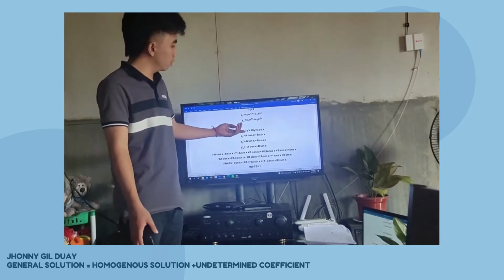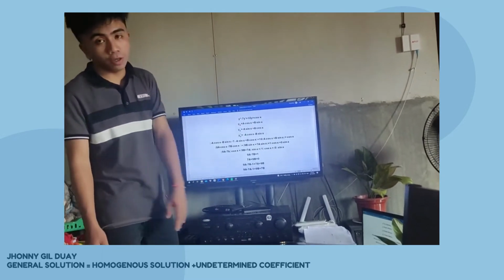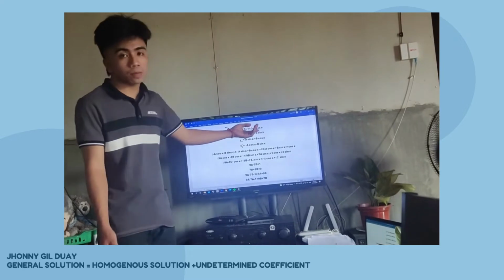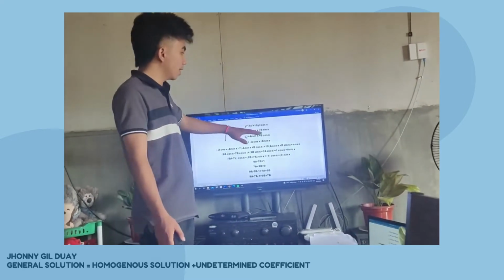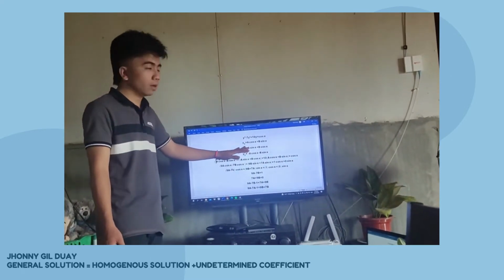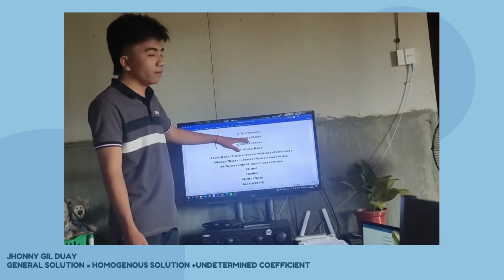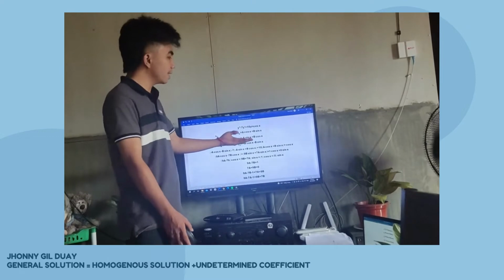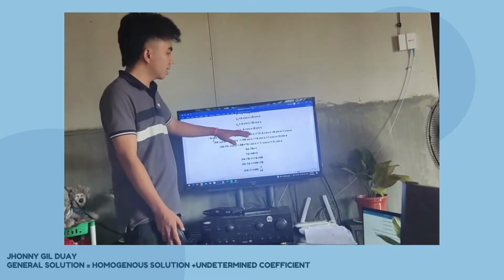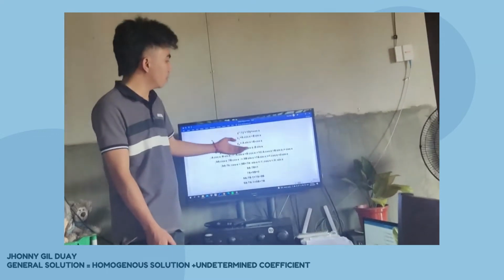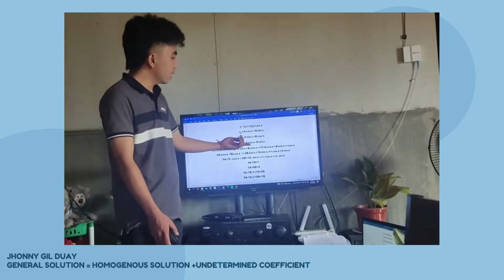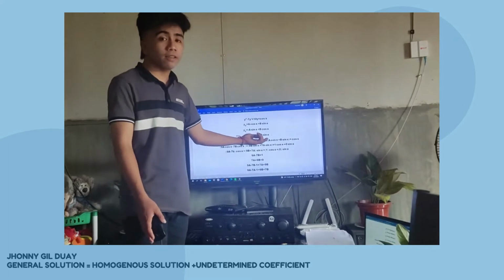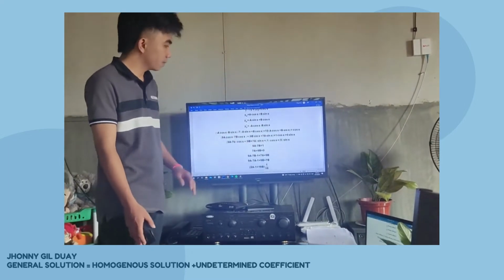Okay, proceeding to the particular solution, assume that y sub p equals a cos x plus b sin x. Now get the derivative of y sub p. We'll have the derivative of a cos x plus b sin x, which will be negative a sin x plus b cos x. And the second derivative of a cos x plus b sin x is equal to negative a cos x minus b sin x.